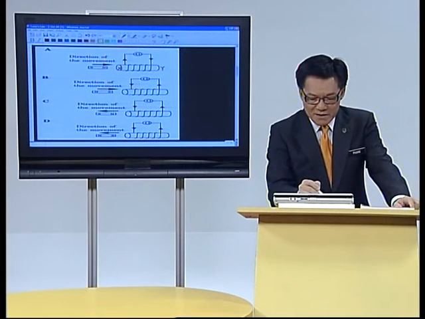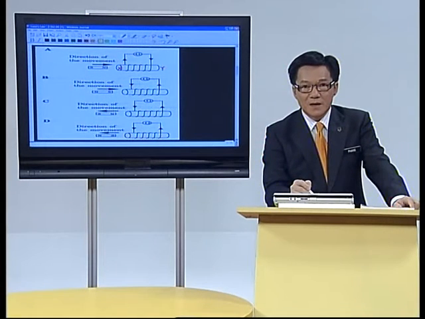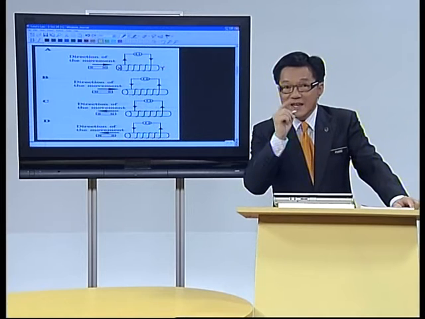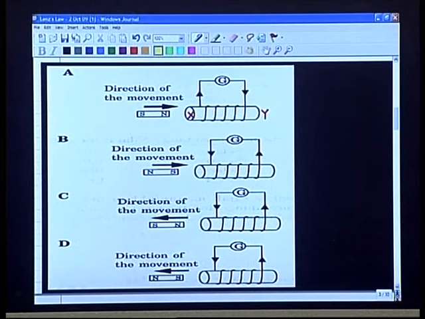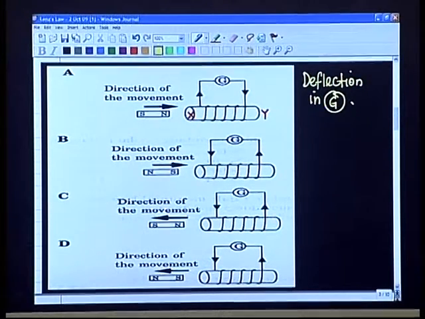As the magnet moves in, it will produce an induced current. So what do we observe in G? There will be a deflection in the galvanometer G. So far so good?